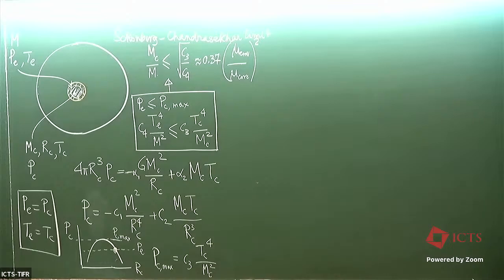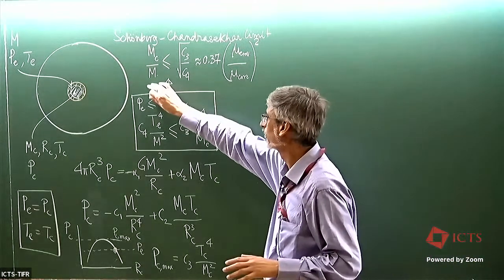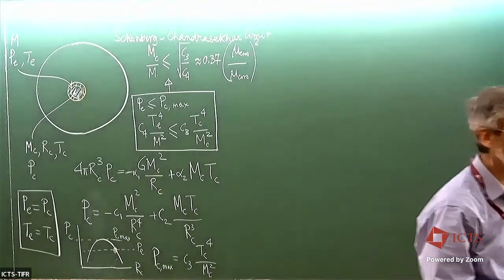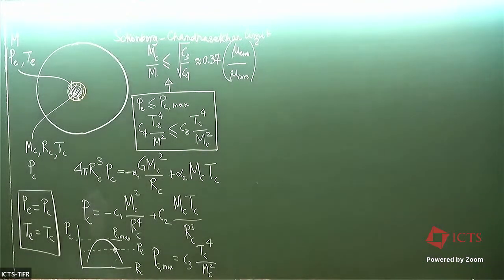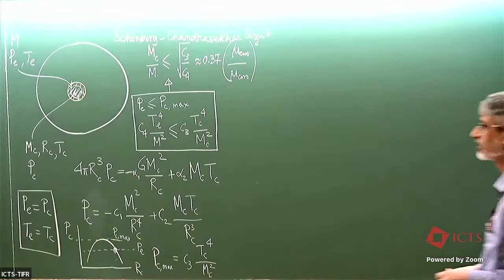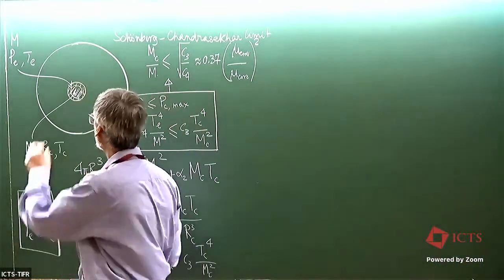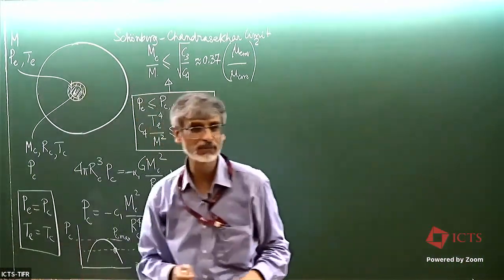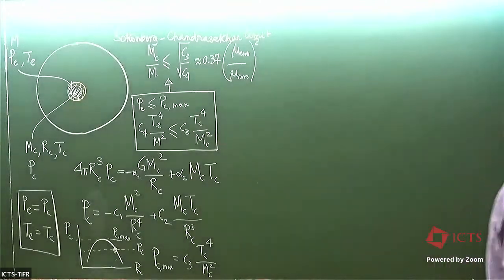If there was no such limit, or rather if the limit was much smaller, if, for example, the thermal balance of a massive core was not possible, then actually we will not have black holes forming directly in the core collapse of a massive star.